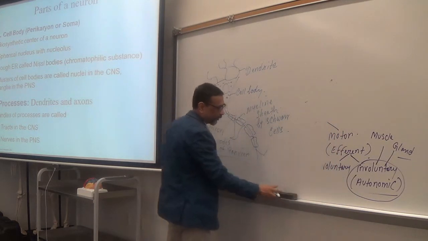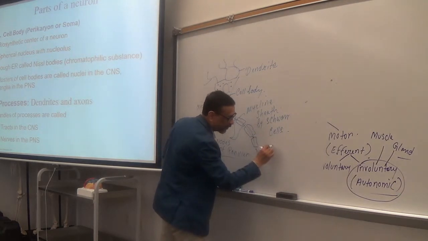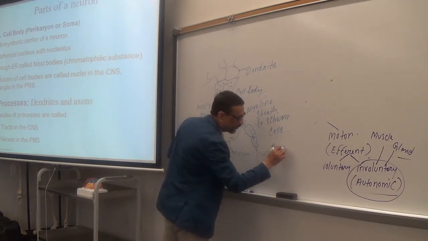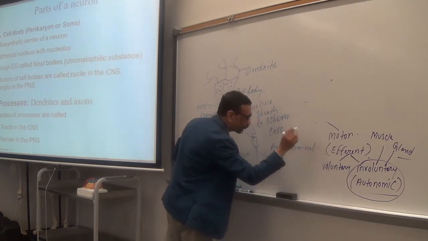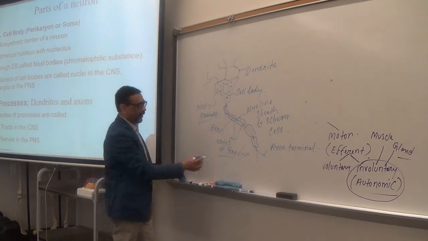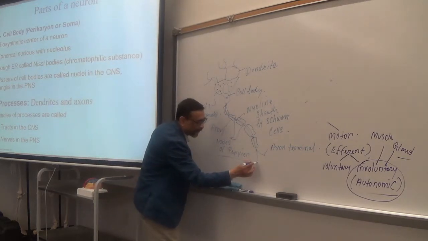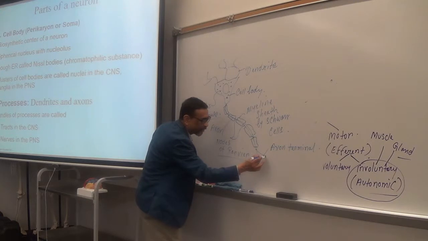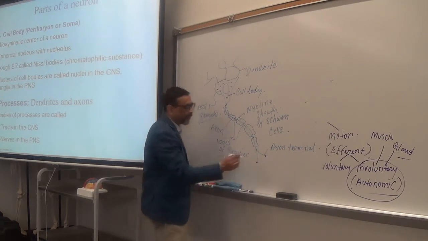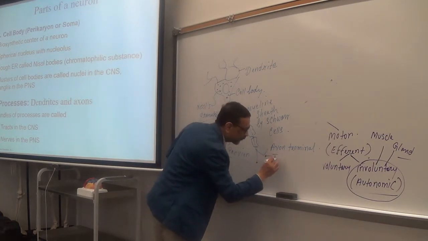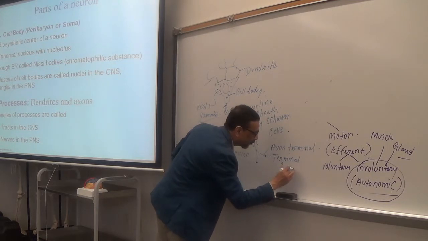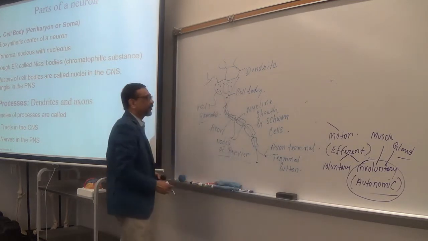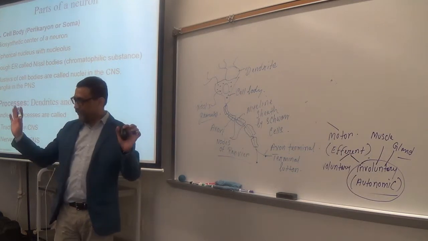We talked about that when we talked about the neuromuscular junction. At the end of the axon terminal, you have button-like structures called terminal buttons. So that is the structure of a typical neuron.